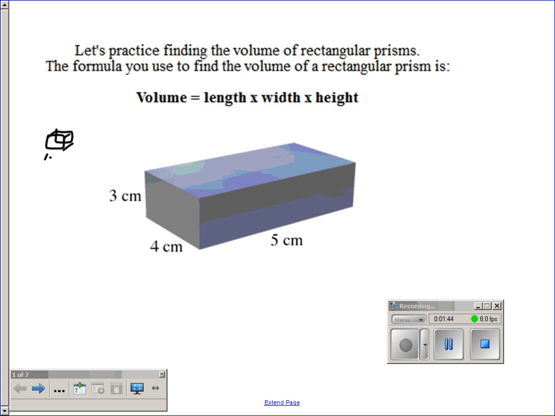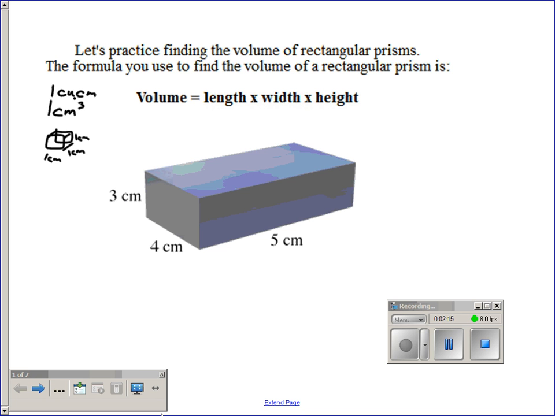It's 1 centimeter here by 1 centimeter here and 1 centimeter high. Length, width, and height. We would call that 1 cubic centimeter. Does that make sense to everybody? So we're going to try and place, how many of these can we fit in here?